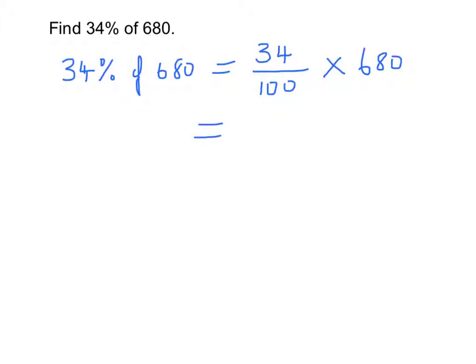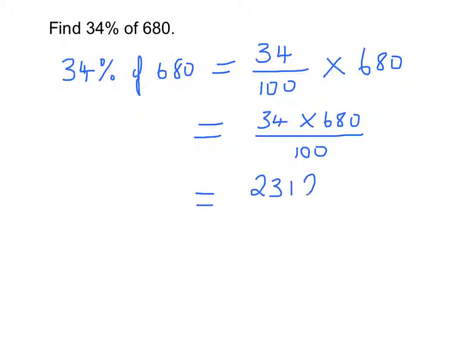Taking out my calculator, I'll take 34, multiply it by 680, and divide it by 100. When I do the multiplication, what I'll get is 23120 divided by 100. And if I divide it by 100, I'll find the answer is 231.2. That's the answer.